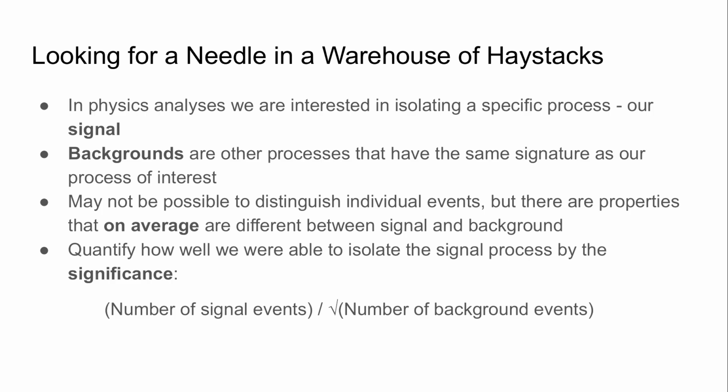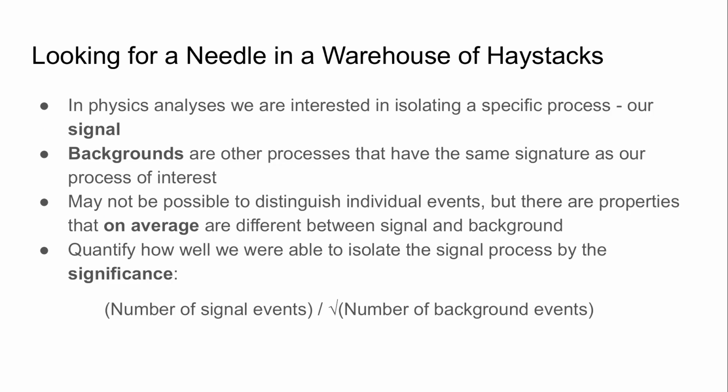The backgrounds would then be any other process that would come along looking similar to what we're trying to study. So on a single event by event basis, we may not actually be able to tell the difference between these two. But the idea is that on average, with a very large set of samples, we should be able to tell them apart.